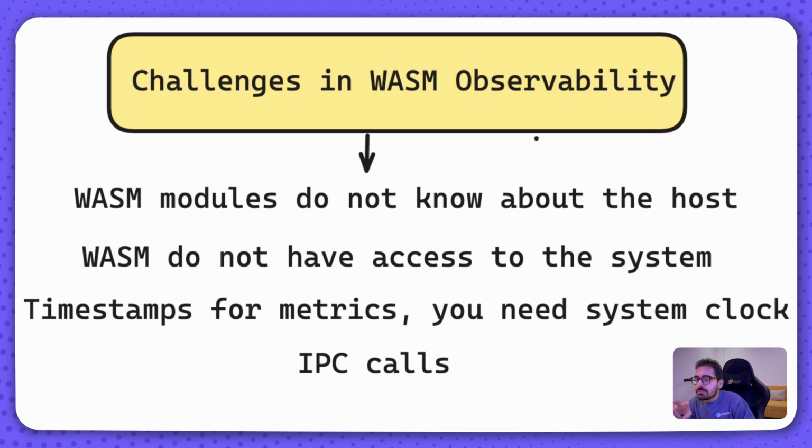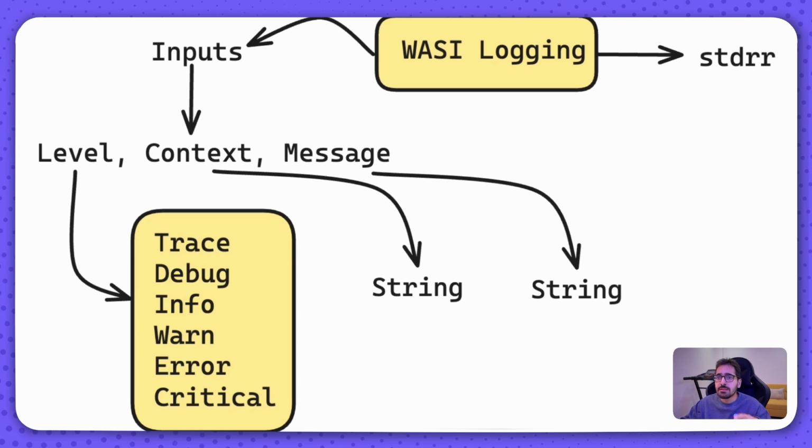Now we'll discuss two areas and show how we can achieve some sort of observability. The first one is WASI logging. WASI logging is a simple logging API, and it can be used with the standard error, stderr, destination, and it has different levels.